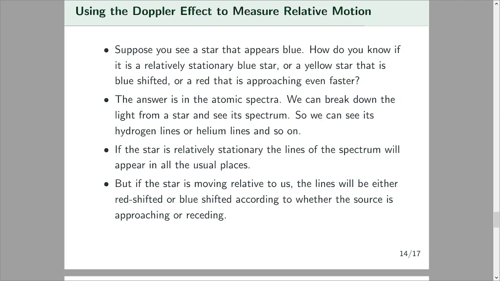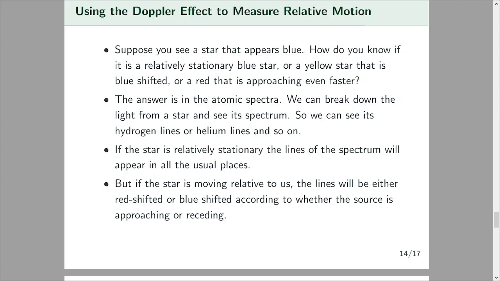And so the answer comes in these atomic spectra that we've been talking about. It turns out we can break down the light from a star and see its spectrum, see these little lines. Usually it's an absorption spectrum. I won't go into why, but often it is. And so we can see its hydrogen lines by breaking that light down, or we can see its helium lines and so on that we saw in the last section, those dark lines across a continuous spectrum.